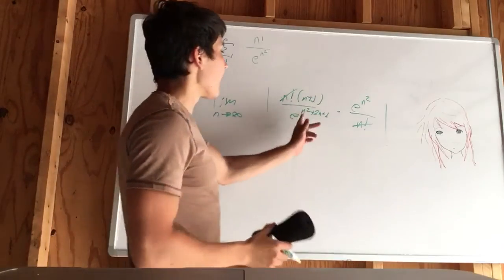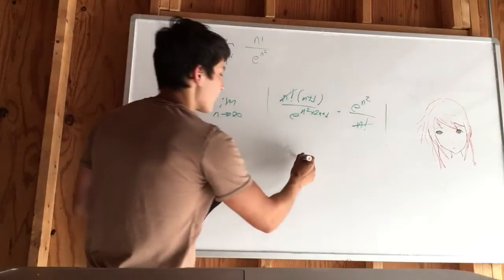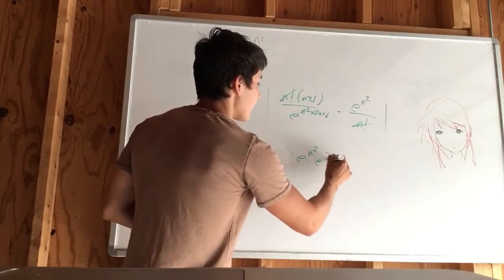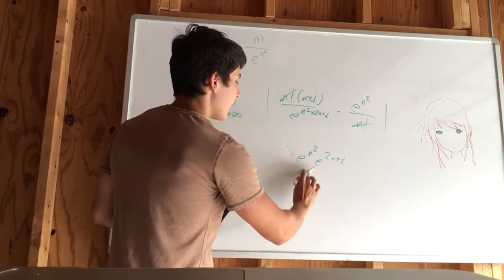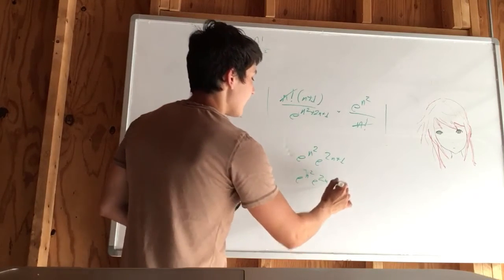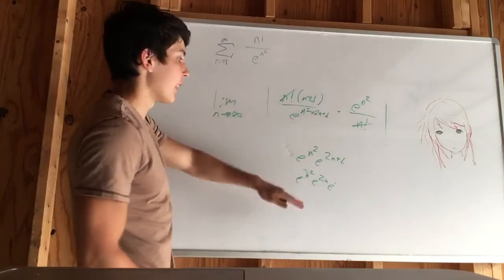And now we can cancel out the e to the n squared. If you don't get that, that's because of the properties of exponents. So you have e to the n squared times e to the 2n plus 1. Or equivalently, you have e to the n squared times e to the 2n times e to the 1, which is just e, right? These are all equivalent things.